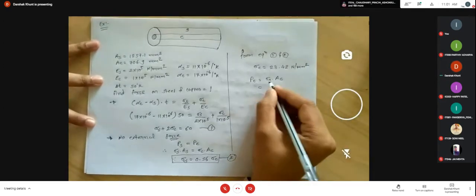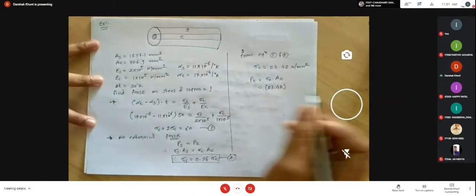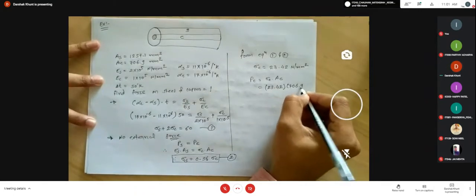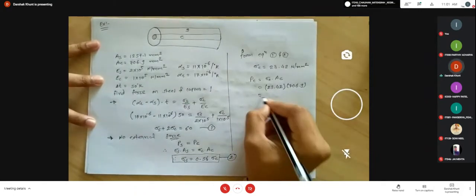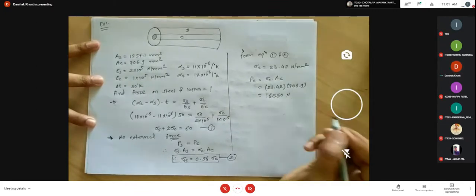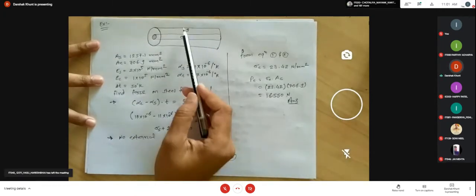Stress is already found, 23.42. Area of copper is given, 706.9. So we get the force as 16561.65 Newton, and that is the answer.